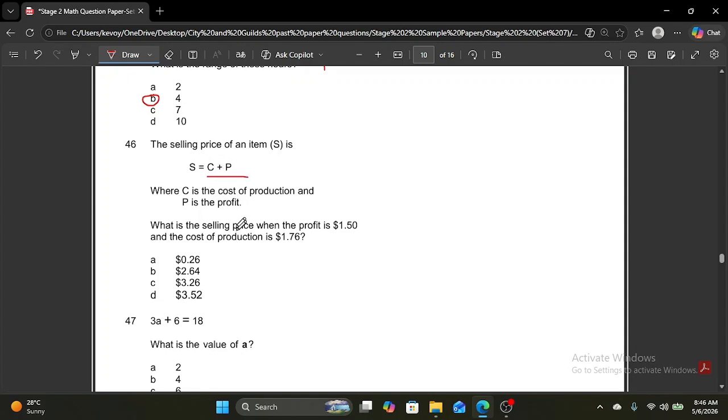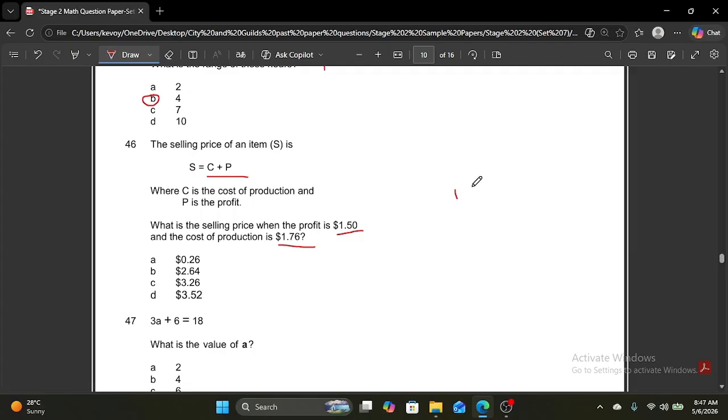So just add the cost of production and the profit. The cost of production is $1.76 and the profit is $1.50. So we'll add everything together.